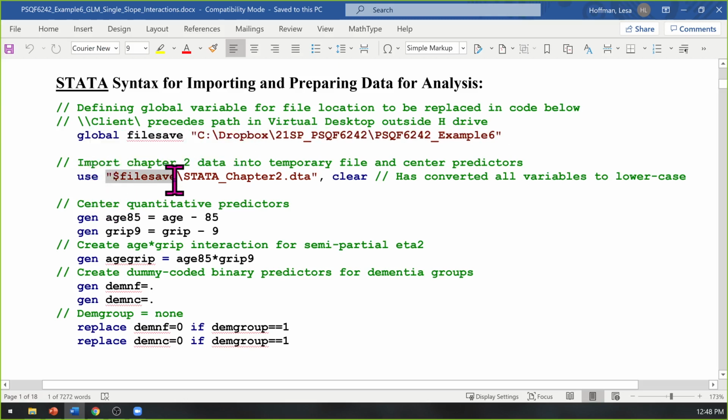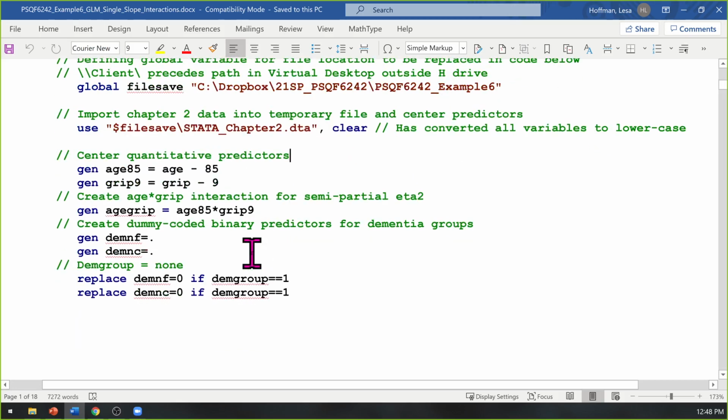And then I have the path right here for file save, and then stata_chapter2.dta. DTA is a Stata extension. In SAS, when I created this original Stata dataset, it automatically converted all of my variables to lowercase. And so that's why the code is going to look a little bit different, because Stata is case sensitive, so they all have to match.